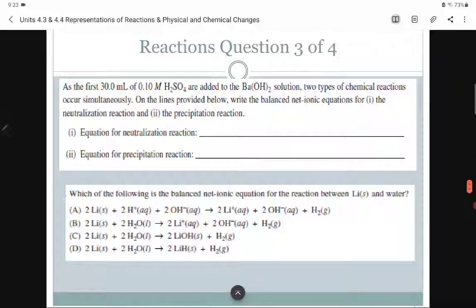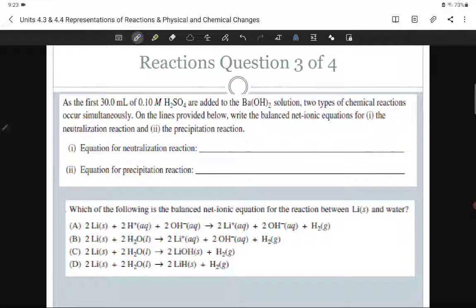Okay, I think the rest of these are going to be more non-mathematical, more balancing equations. So what we got here? We have sulfuric acid, barium hydroxide. If you mix those two things together, you will get two different types of reactions: a neutralization and a precipitate. So neutralization is going to be with acids and bases.